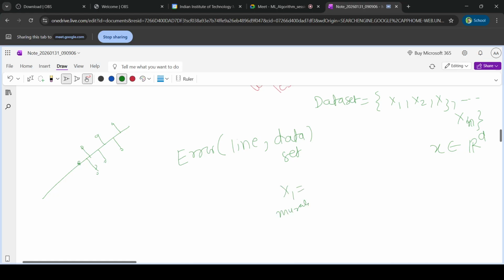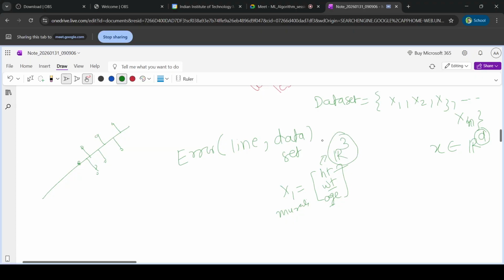Murli, don't take it personally, I'm using your name just because I remembered it more. So Murli has information about his height, weight and age, for example. The d is how many values you are storing. So d1 is your height, d2, d3, so you are in R^3.